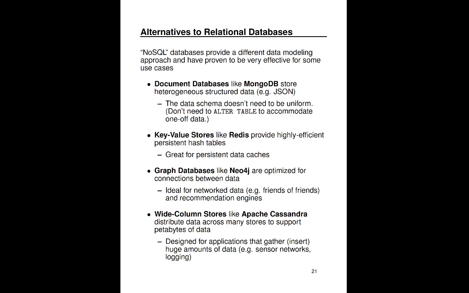If you've got an application that inserts way more data than it queries, so things like sensor networks or logging aggregators, wide column stores like Apache Cassandra are built for that. They have lots of support for distributing data over many stores to be able to efficiently query across all of that underlying data, so that you can support petabytes of data in your application.